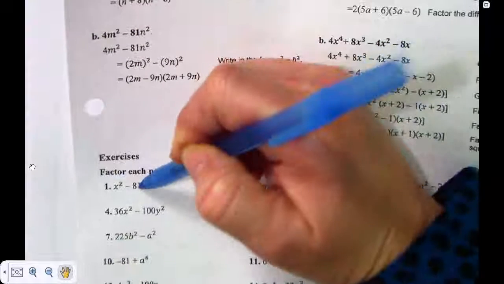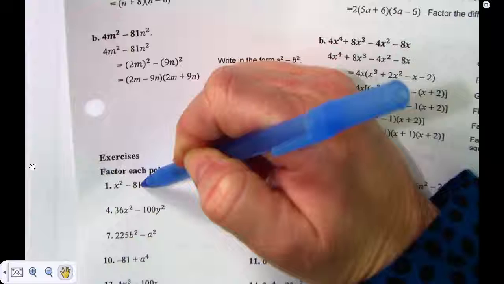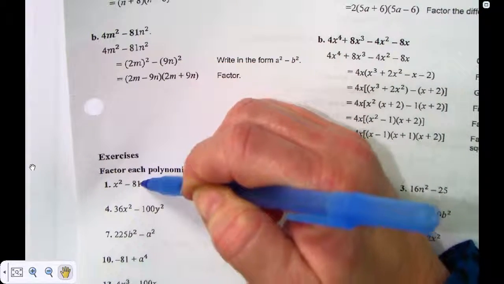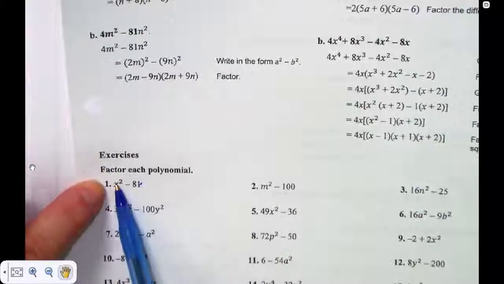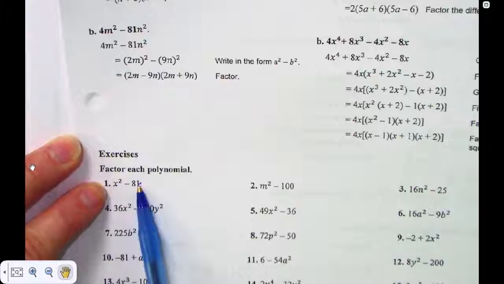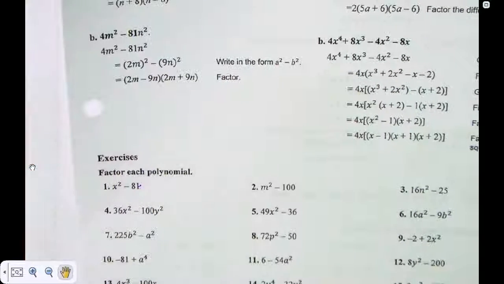Do you see that 81 is a perfect square? That's why I've been harping on perfect squares so much. X squared is a perfect square. 81's a perfect square. So what are you thinking?